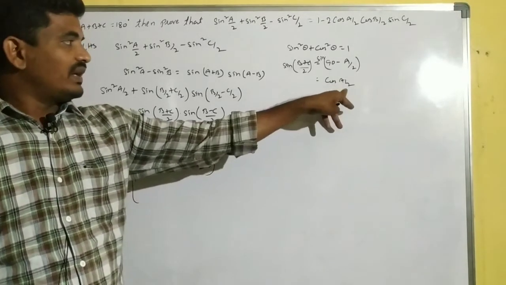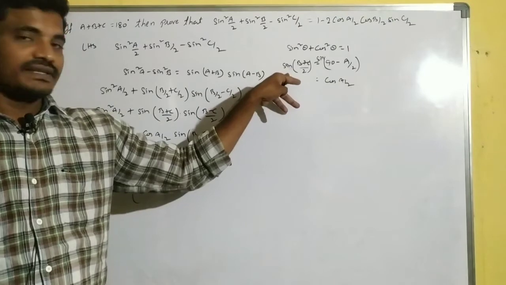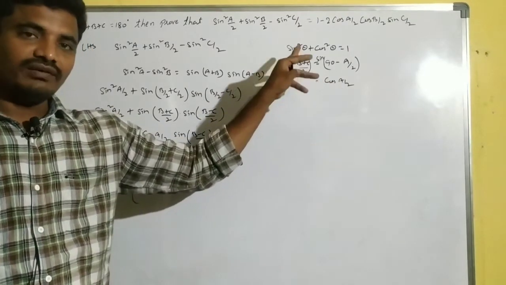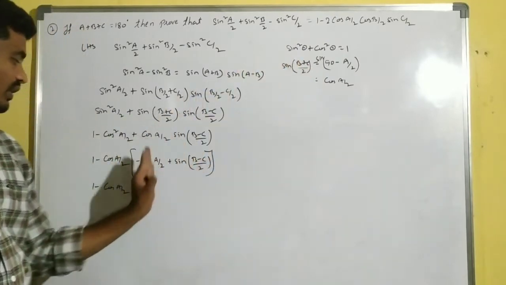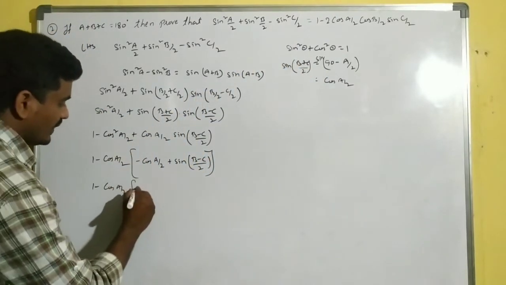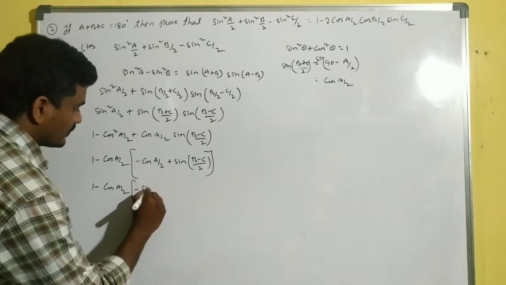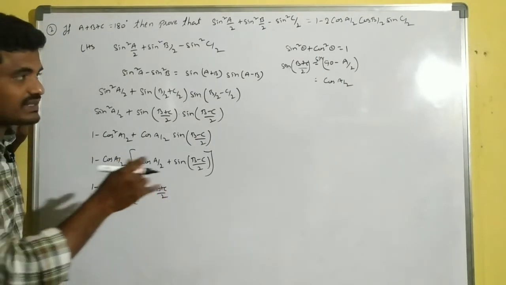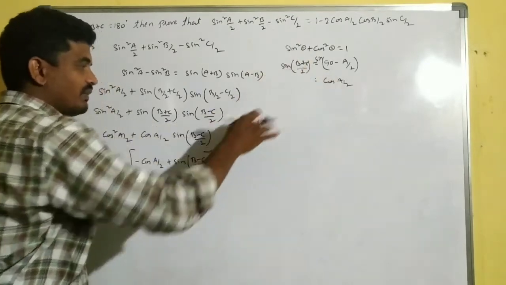Here cos a by 2 equals sin of b plus c by 2, that I am going to write here, minus b plus c by 2; cos a by 2 equals sin b plus c by 2.